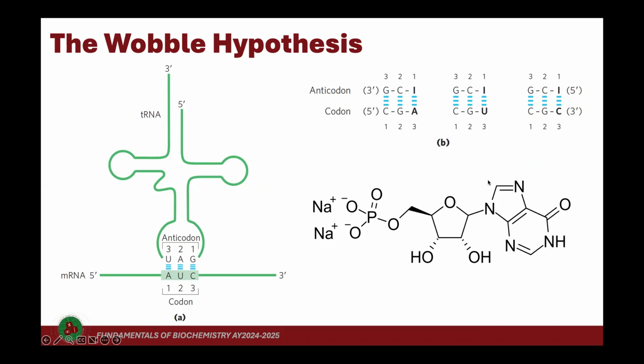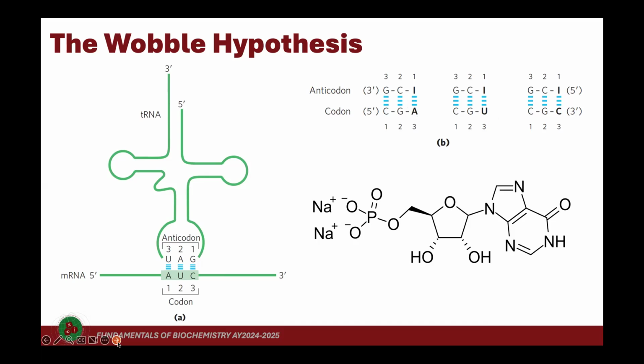Okay, so it's a purine. Okay, and this inosine can be found as the first nucleotide of the anticodon in some of your tRNA molecules. This inosine can form weak hydrogen bonds with A, U, and C.